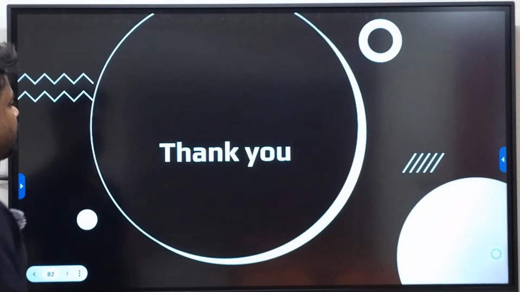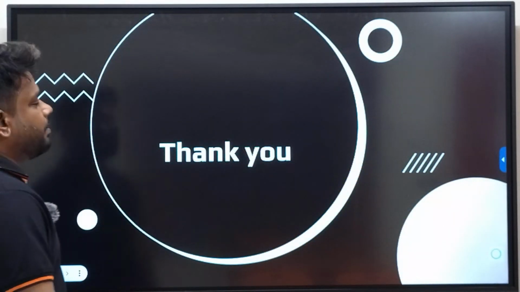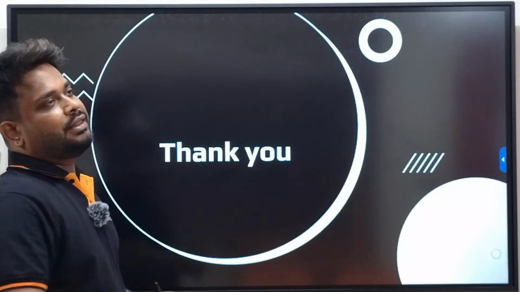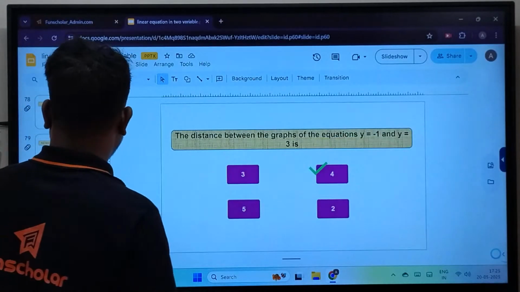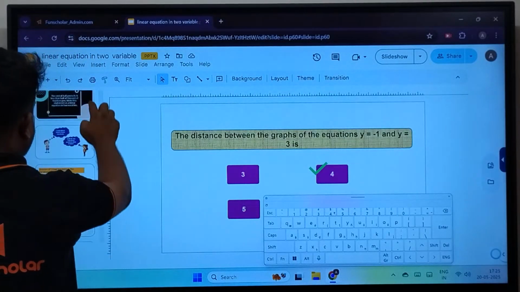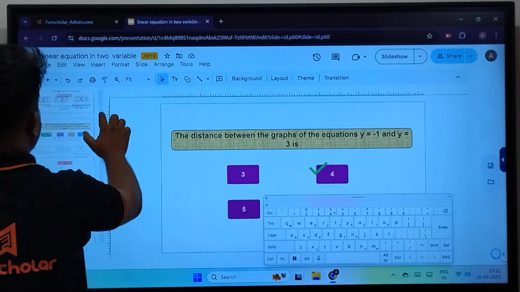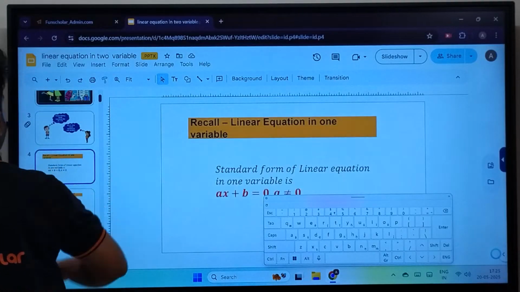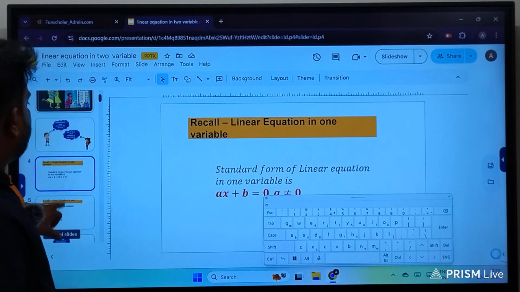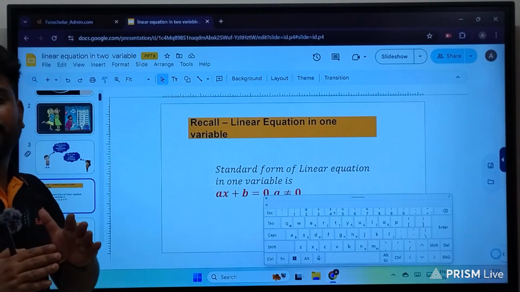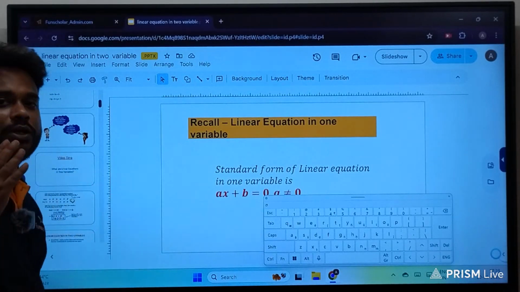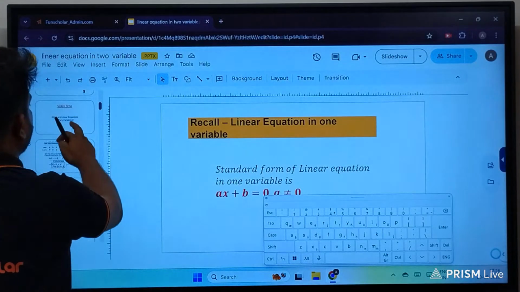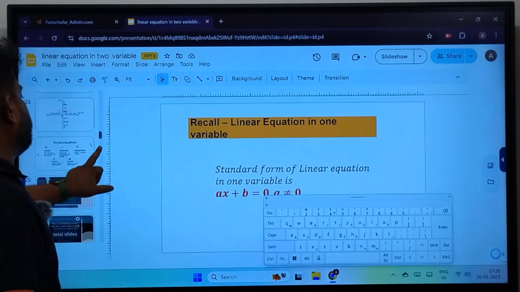Let's go next. Okay, so next we have nothing, this chapter has been finished here. I am giving a quick recap of what we have learned from the beginning. We recalled the linear equation in 1 variable, then we learned what a linear equation in 2 variables is and where we use these kinds of equations.